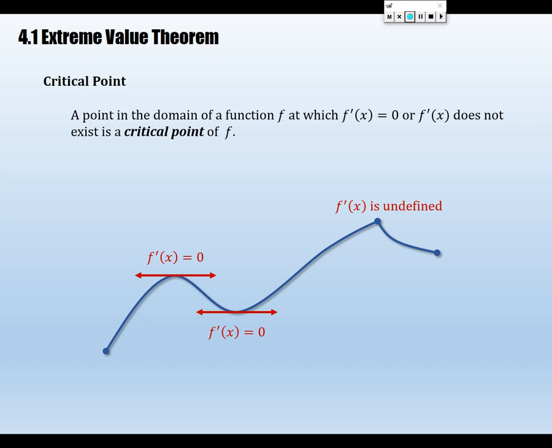But can you think of any function that has a point of non-differentiability where that point is not a min or a max? Jack? A specific one? Yeah, or you could draw a picture.